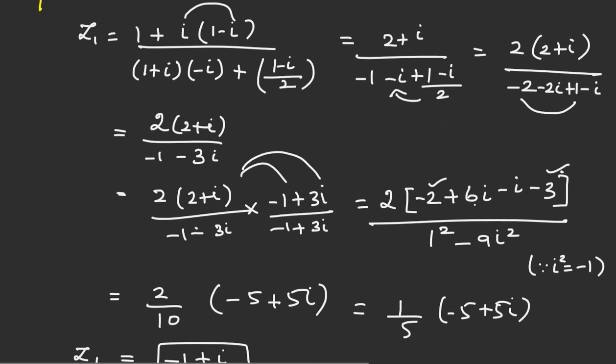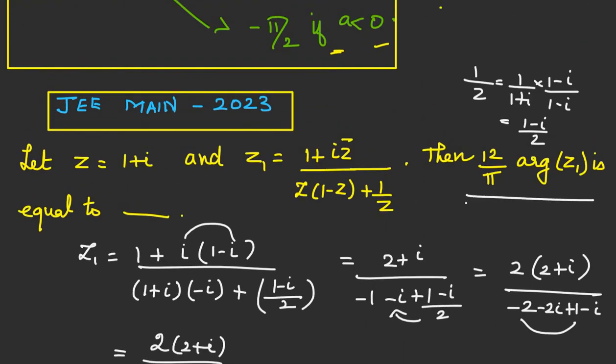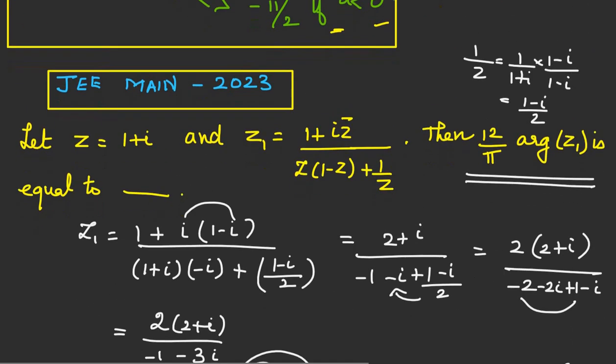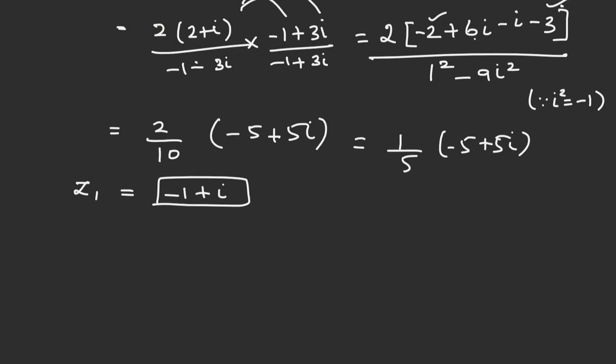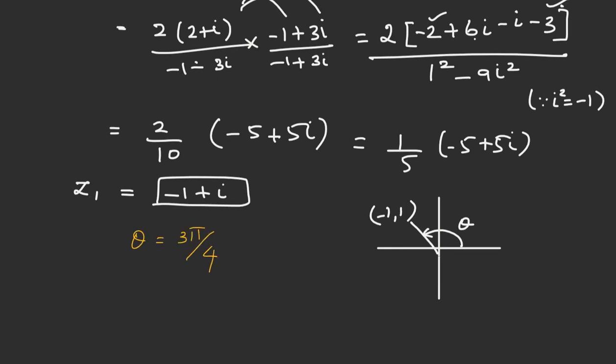Now our question is to find 12 by pi into the argument of z1. Now the point lies in the second quadrant, so theta is equal to 3 pi by 4. Therefore, the argument of z1 is 3 pi by 4.